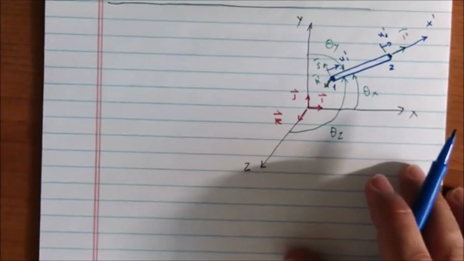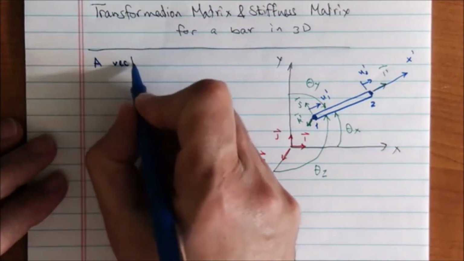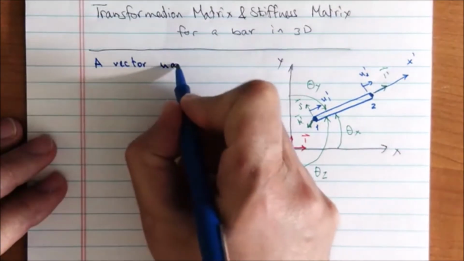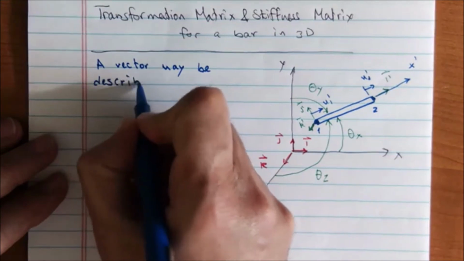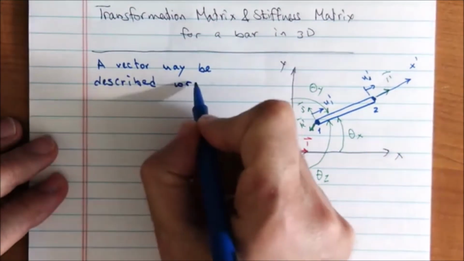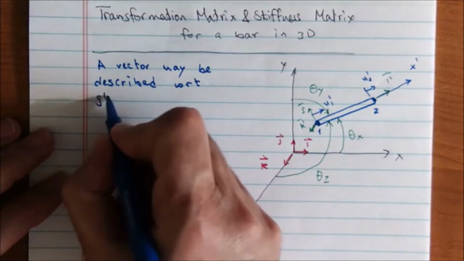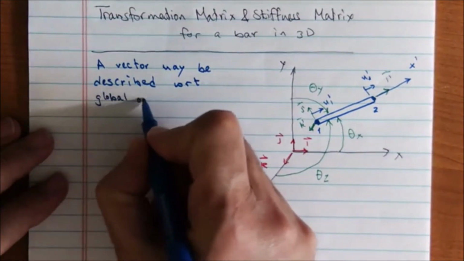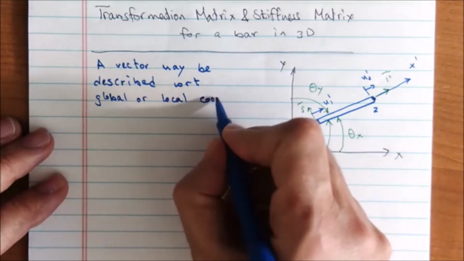In general, a vector may be described with respect to global or local coordinates.